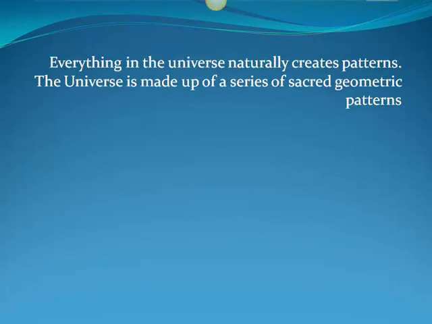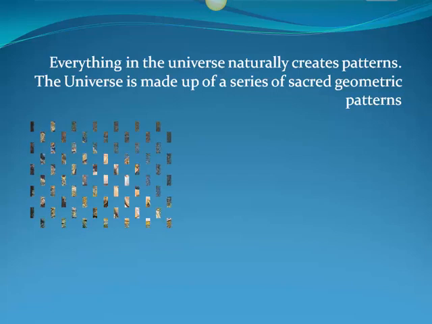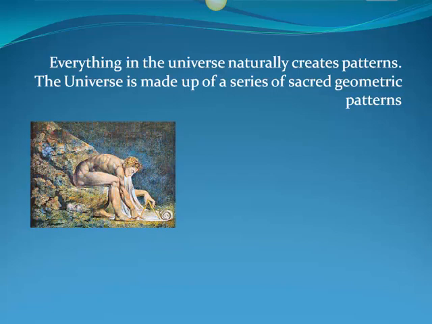Now, as I said, everything in the universe naturally creates patterns. The universe is made up of a series of sacred geometric patterns, and that can be the helix on a snail shell, or it can be the radial seeds on the head of a sunflower as it follows the sun across the sky. But everything in nature forms what is called a sacred geometry, and those patterns are repeated over and over again.